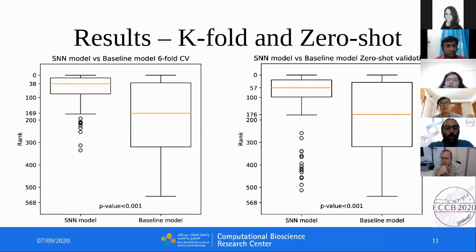So we can see on the graph on the left that the Siamese neural network approach vastly outperforms the baseline model. Instead, to check for the ability of our model to learn about unseen diseases, we devised a zero-shot validation. This is an approach that falls into meta-learning, and it removes one class completely during training and during testing.